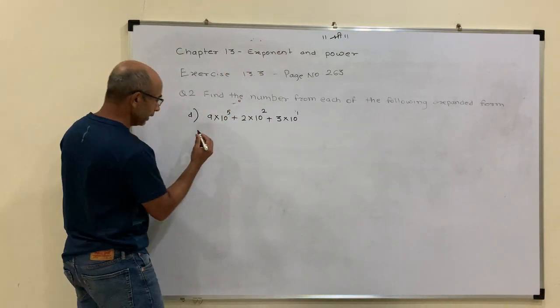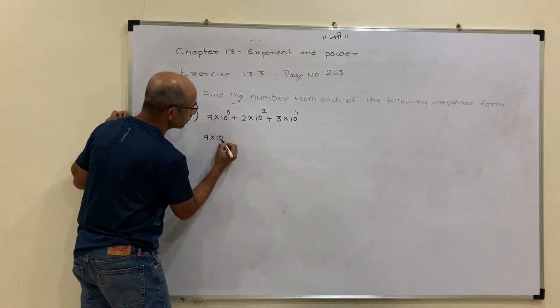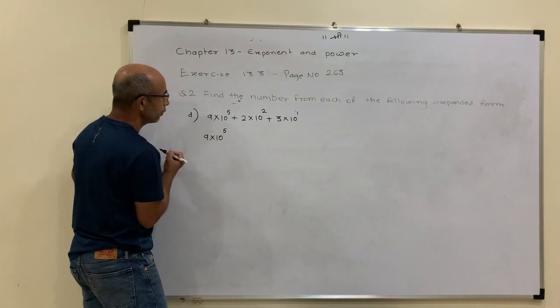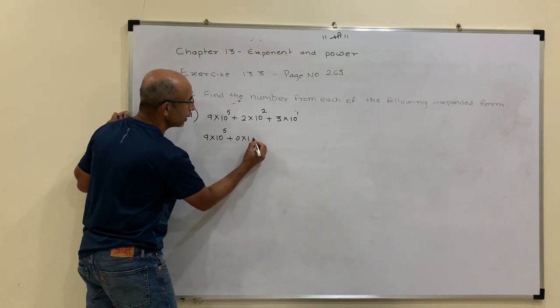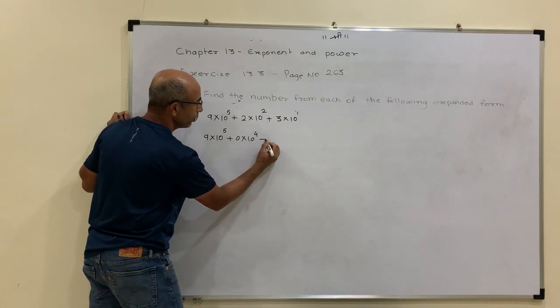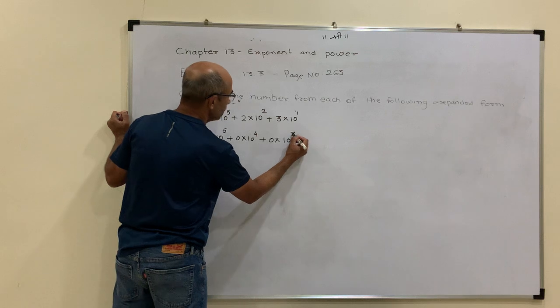So now we rewrite this problem again by putting in the missing terms: 9 into 10 raised to 5, then plus 0 into 10 raised to 4 plus 0 into 10 raised to 3.